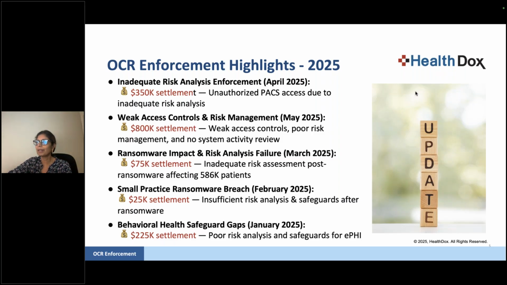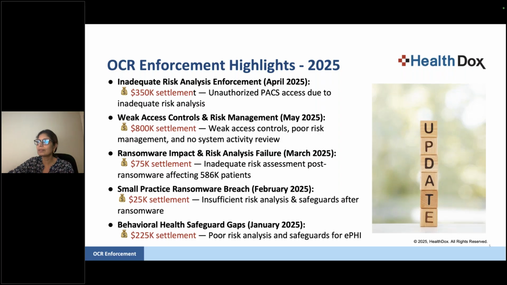In 2025, there were multiple healthcare organizations, as you see in the examples we have provided here, that faced expensive HIPAA settlements, ranging from 25,000 at a minimum, which is very high also, all the way up to 800K. This is due to inadequate risk analysis, weak access controls, and insufficient safeguards.